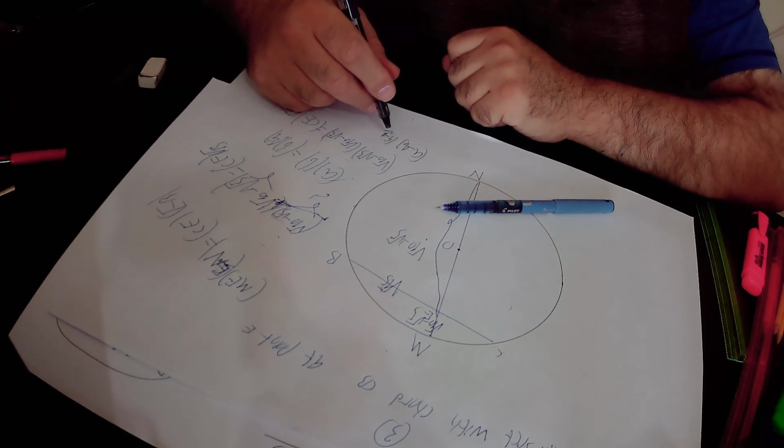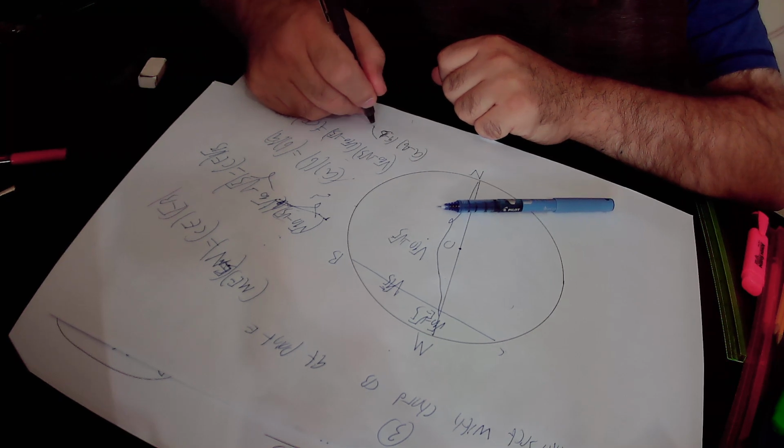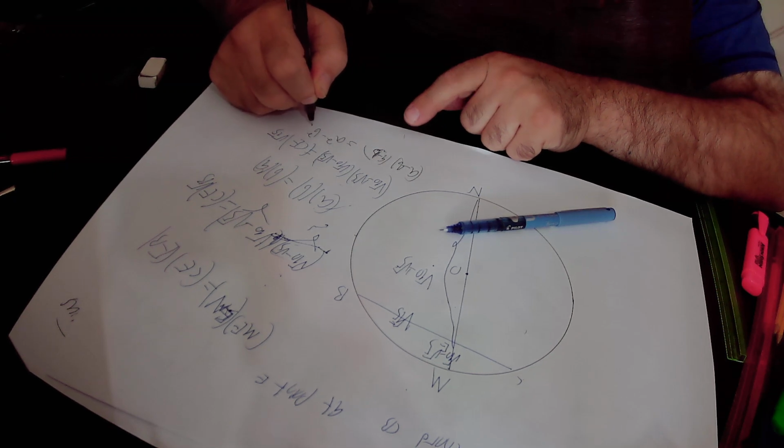Again, A plus B times A minus B. The algebraic identity states that A plus B times A minus B equals A square minus B square.